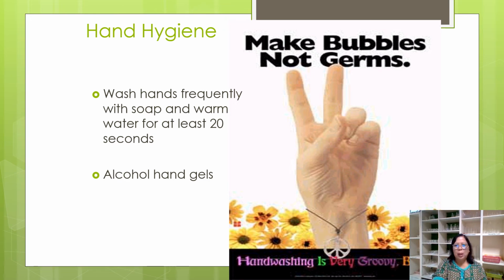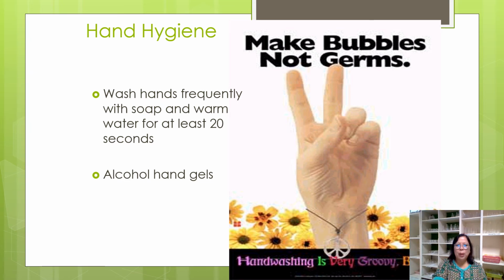So it means that you have to wash your hands. Make bubbles. Use the soap, not the germs. Wash hands frequently with soap and warm water for at least 20 seconds. One minute is even preferable.